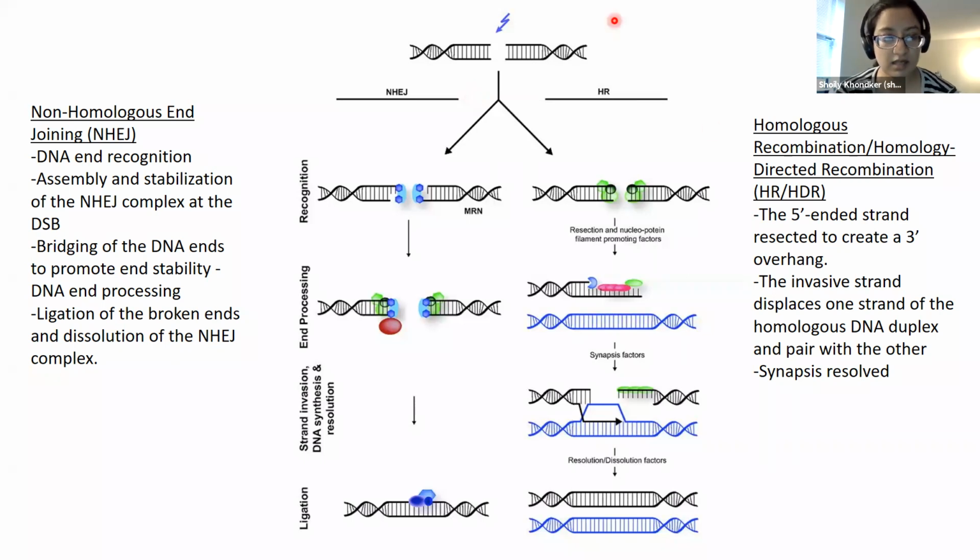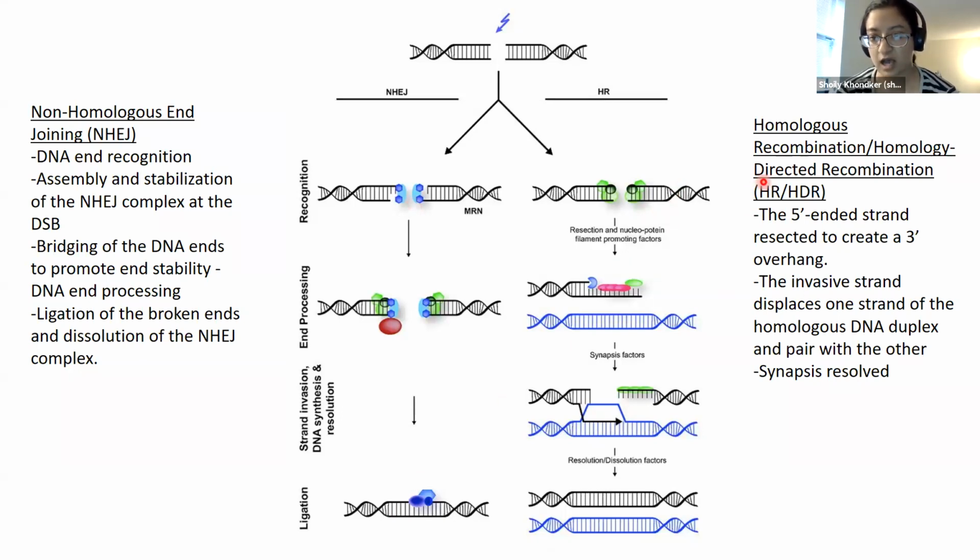What happens in non-homologous end joining is that the DNA ends of the double-strand break are recognized by an enzyme, and then a complex known as the non-homologous end joining complex assembles at the double-strand break, or DSB, and the ends are then bridged to promote stability and processing so that they're able to ligate. Then the broken ends are ligated to result in a repaired double strand of DNA.